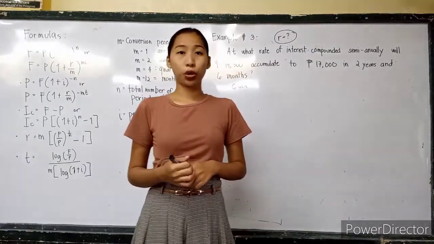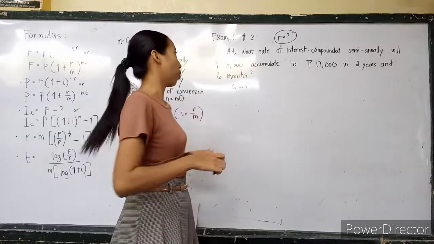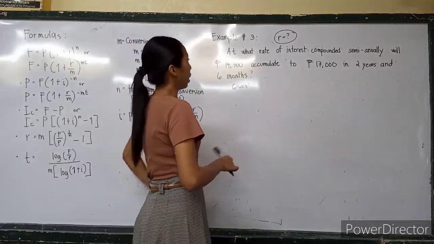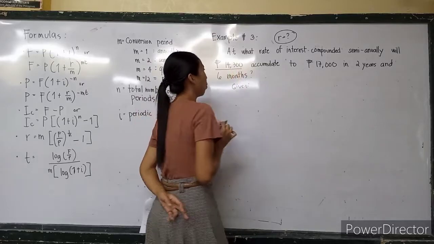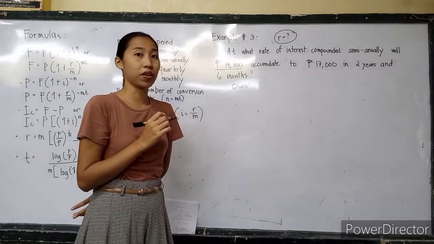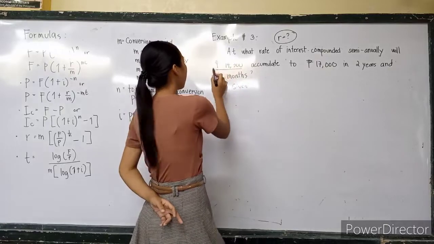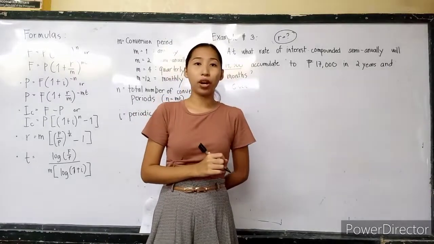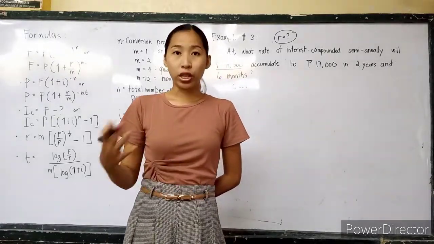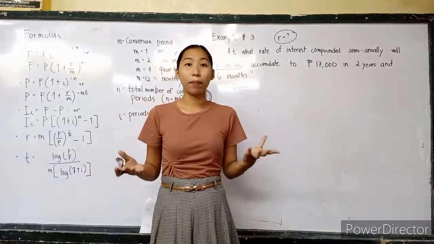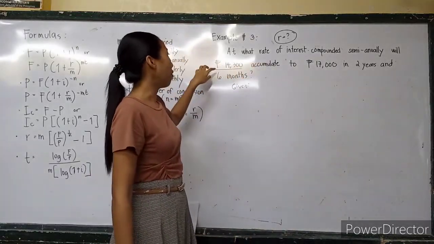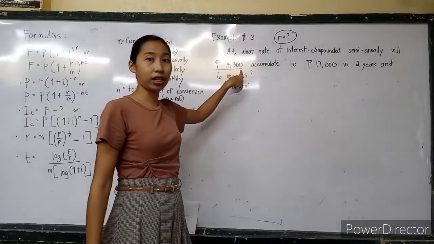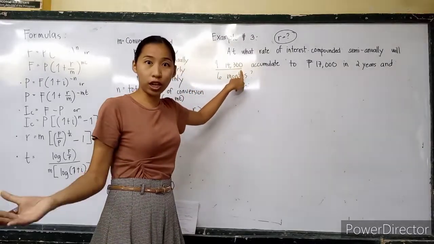As the usual, we are going to start with our given. So let us list our given first. Dito sa first na quantity, that is 14,300 pesos. Naa siyang peso sign, therefore, either principal or compound amount. Kung atong sabton, ang 14,300 is ang original na kwarta.